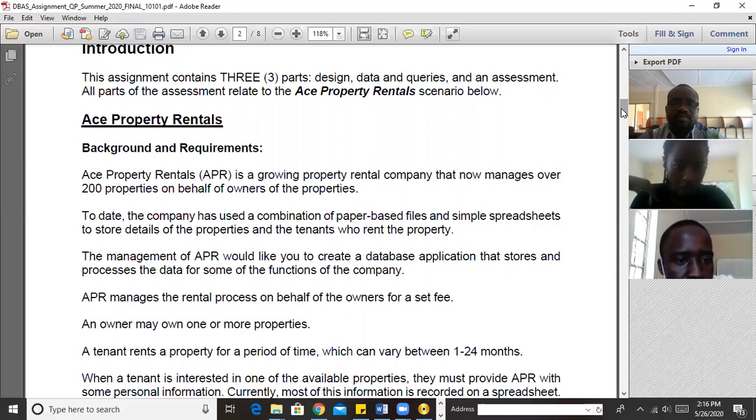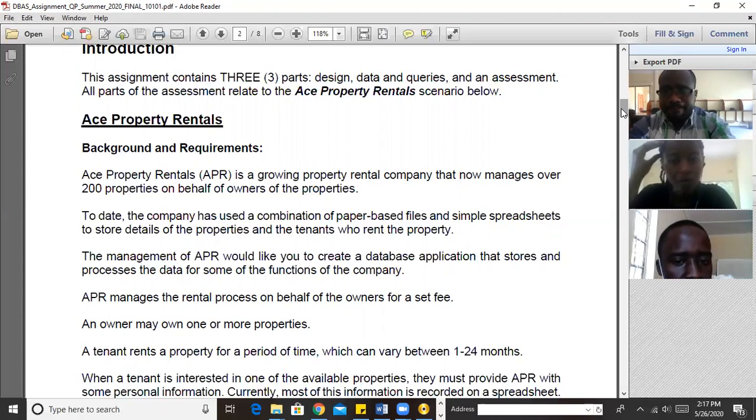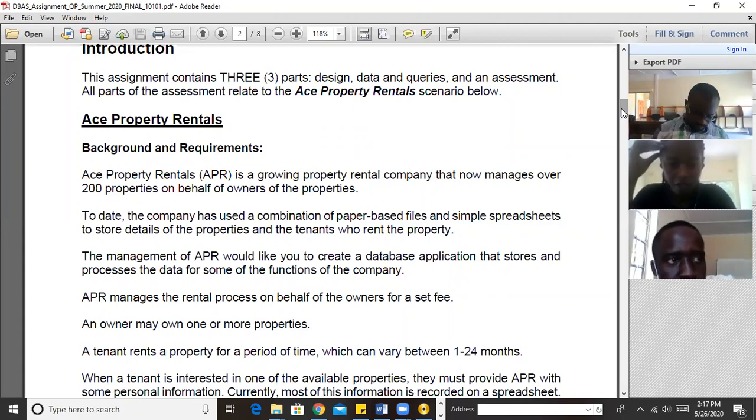ACE property rentals, APR, is a growing property rental company that now manages over 200 properties on behalf of the owners of the property. To date, the company has used a combination of paper-based files and simple spreadsheets to store details of the properties and the tenants who rent the property. The management of the APR would like you to create a database application that stores and processes the data for some of the functions of the company.